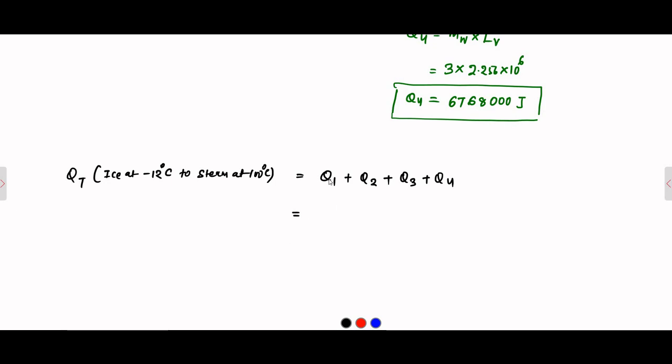So the first step, which is the conversion of ice at minus 12 degrees Celsius to ice at 0 degrees Celsius using the specific heat of ice, is coming around 75,600 joule.